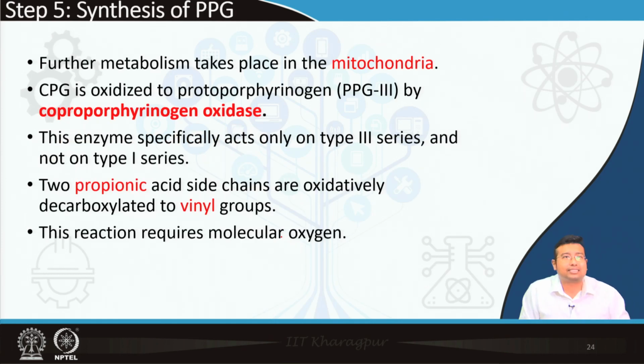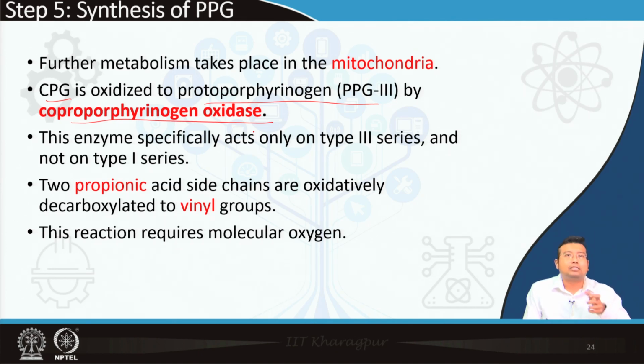In the next reaction what happens? Further metabolism takes place in the mitochondria. So, from here we will go into the mitochondria, right. Coproporphyrinogen is oxidized to protoporphyrinogen 3 by action of coproporphyrinogen oxidase. Okay.